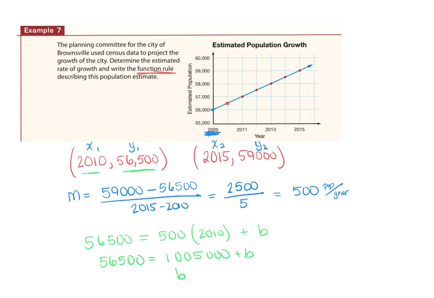And you get a b of a negative number. Because remember, while we can't have a negative population, we are doing this as an estimate, okay? An estimate. And so it's not going all the way down to 0, so we have to use this guy. So if I want to write my slope, I'm going to say 500 is my slope, and this would be my y-intercept.